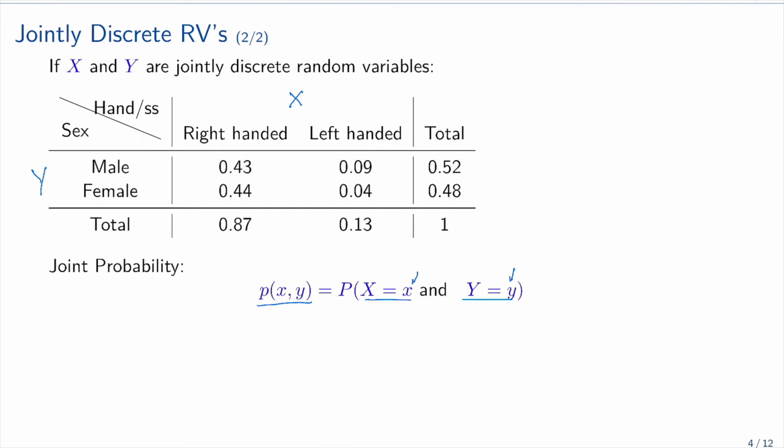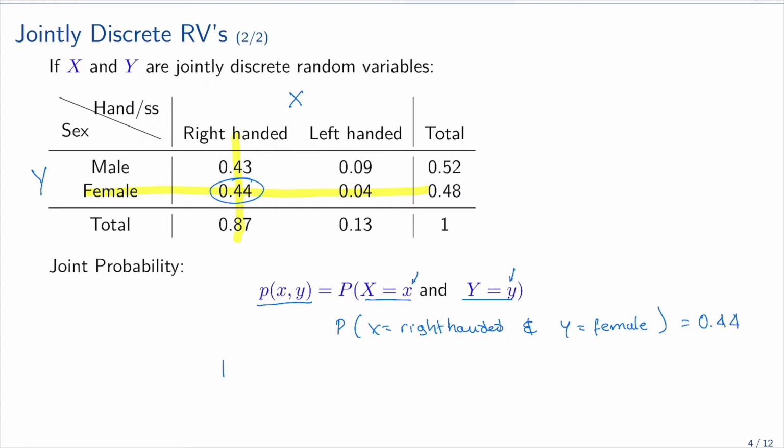Let's say, for example, that we want the probability that X is equal to right-handed and Y equal to female. So we have a joint probability, and in this case right-handed and female, the intersection is 0.44.